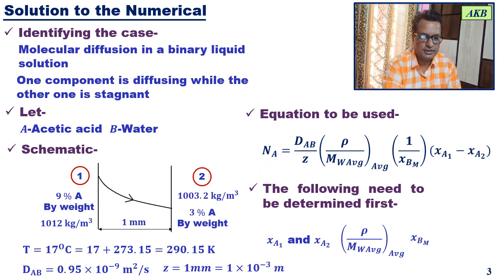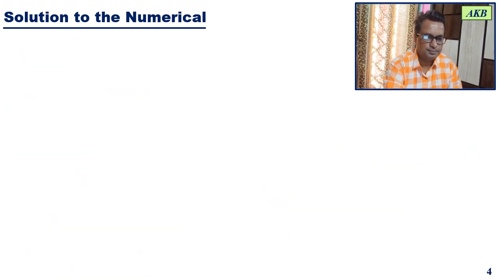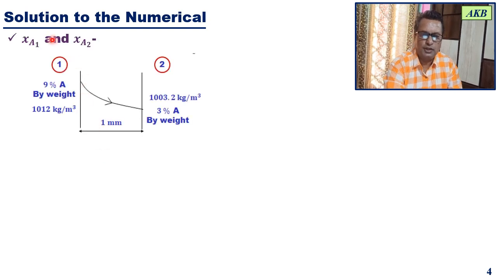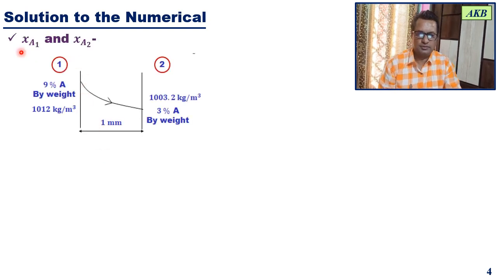Okay, so let us understand. The first thing that we will do, since we have to calculate XA1 and XA2, is calculate these two. For that, again I have taken the schematic diagram which I just discussed on the previous slide.